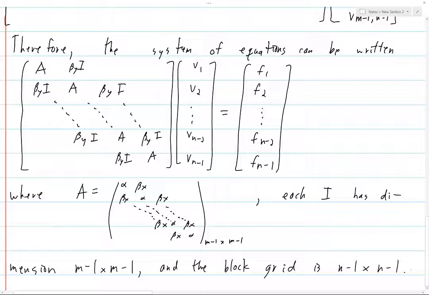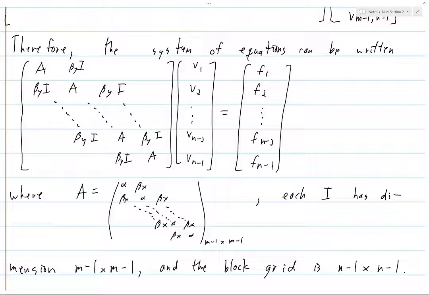If you look at this, you might notice that this is almost identical to what was given in the book for the same problem when it was ordered the other way. The only thing that changes is that this matrix A, the alphas will be the same, but instead of having beta x's, you'll have beta y's.